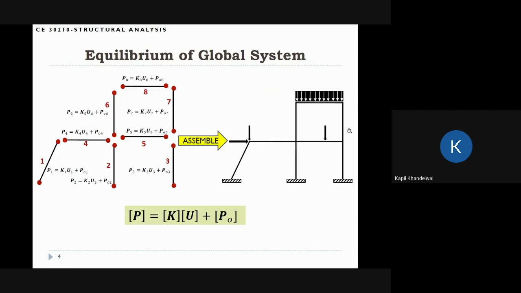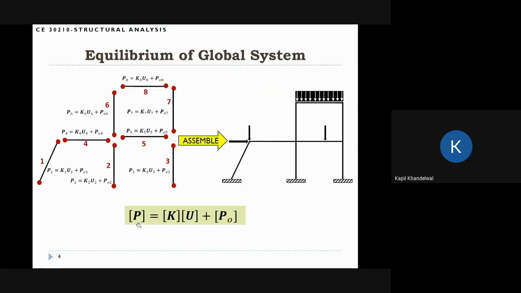And finally, what happens after we write equilibrium for each individual element? We try to assemble the system. Assembly means we put all these equilibrium conditions from, for example, element number 1 to number 8 and put them back together in the global form. When we join them together, we are using the condition of compatibility to make sure that all the degrees of freedom are assembled in the correct way.